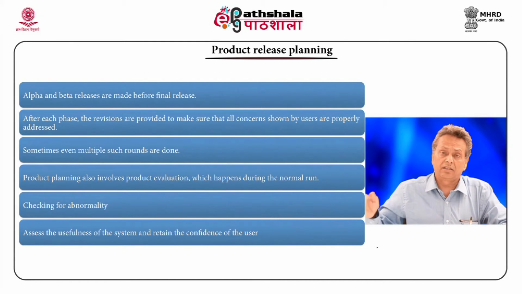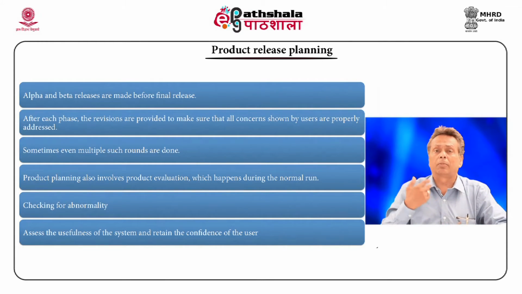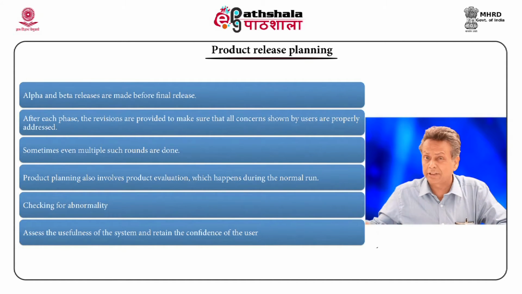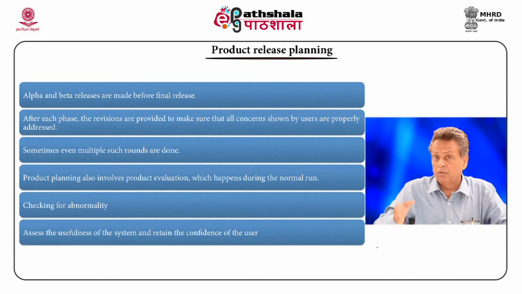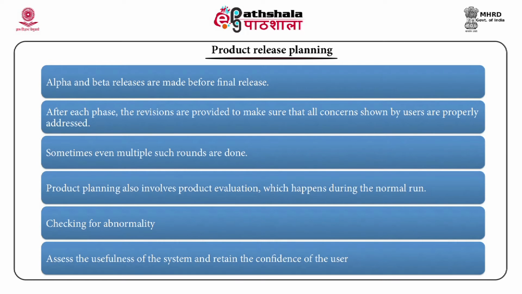But in the case of an expert system, you probably have more than one beta release and so on, because the domain is more unstructured, and probably the system itself is less structured as well. You check for abnormal cases as well, which is not possible in conventional cases. A lot of abnormal cases might be there, because every other system says that it is malaria, but the patient has typhoid. That is possible.